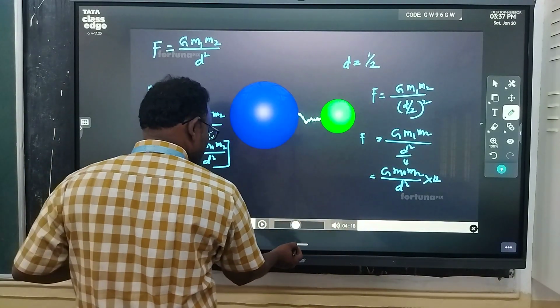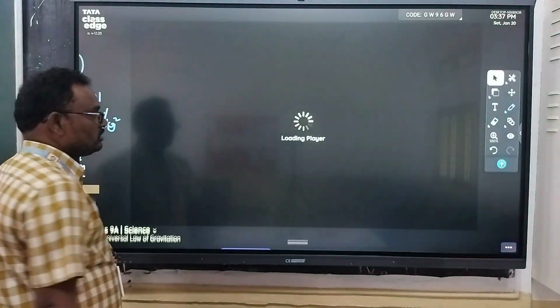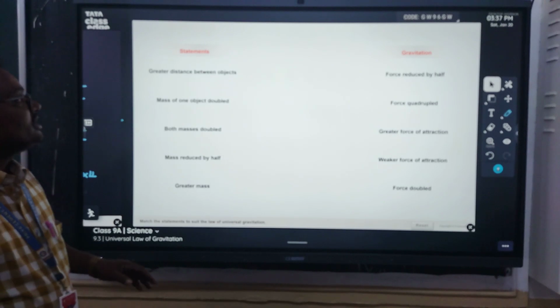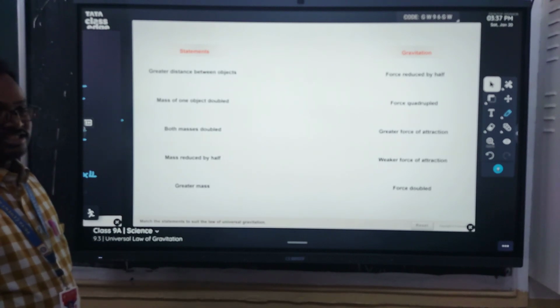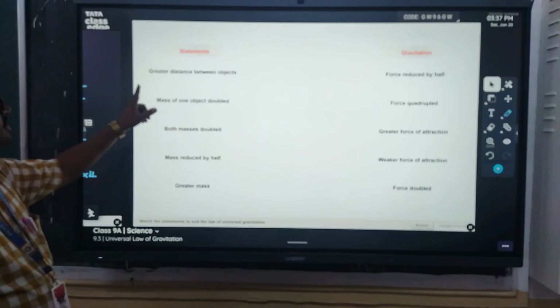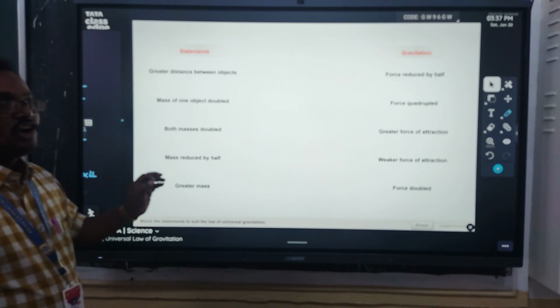Okay, let's come to some other points. Now, from these points, we can match the statements with gravitation. See, for the first point here, greater distance between the objects.